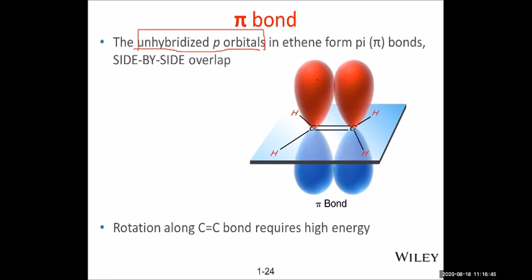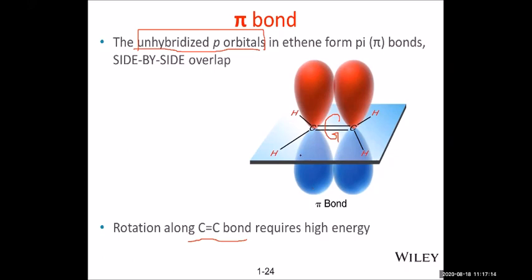This sideways overlap brings down the energy and makes it more stable, which means if you try to rotate along this bond, the energy will increase, which means it's going to be difficult. So that's why rotation along the double bond requires high energy and is more difficult.